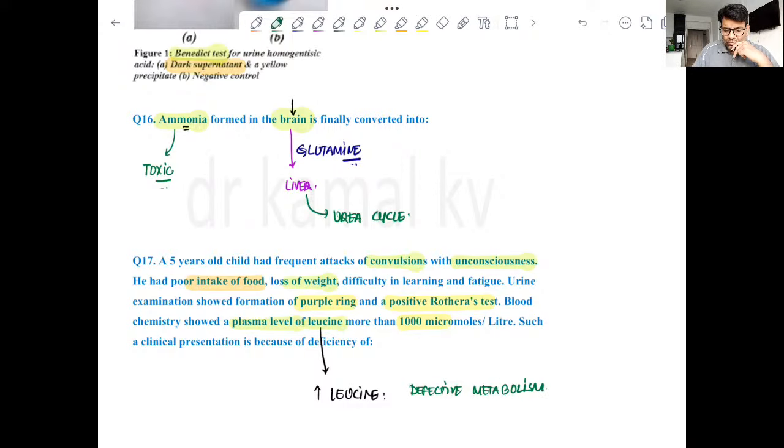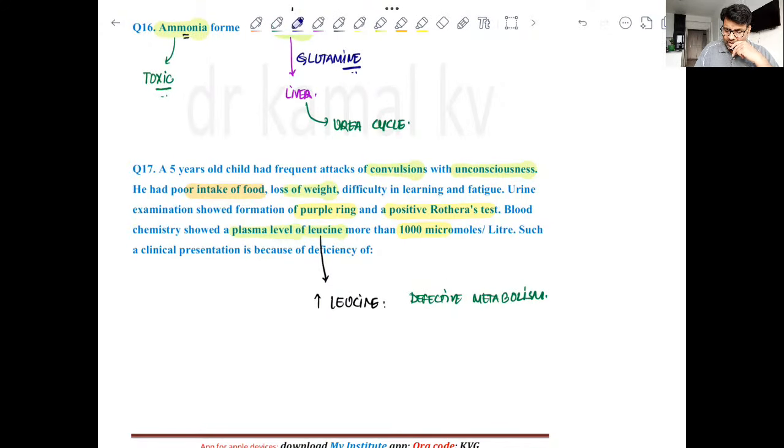And we just discussed one condition where there is defective metabolism of leucine, and that is maple syrup urine disease. So apart from leucine, isoleucine and valine are also not properly metabolized. So just getting this one particular word, you can reach up to the answer of maple syrup urine disease.